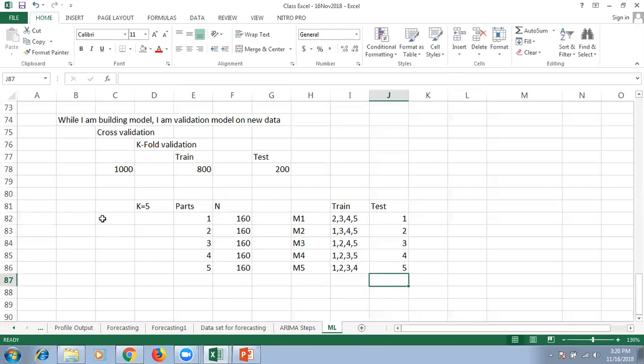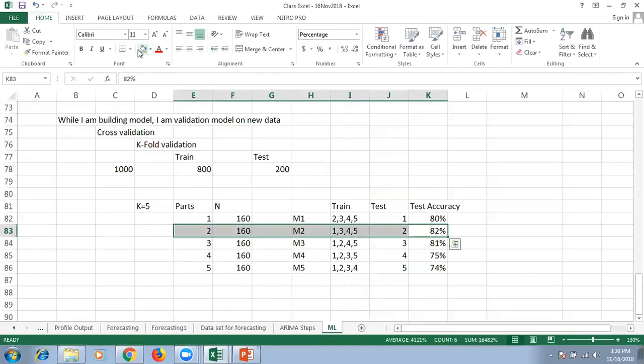I'm building 5 models like this, and I can calculate the test accuracy. Okay, I got 80% here, 82% here, 83%, 81% here, 75% here, 74% here, for example. Now which one is the best model? How can we say it's the best model?